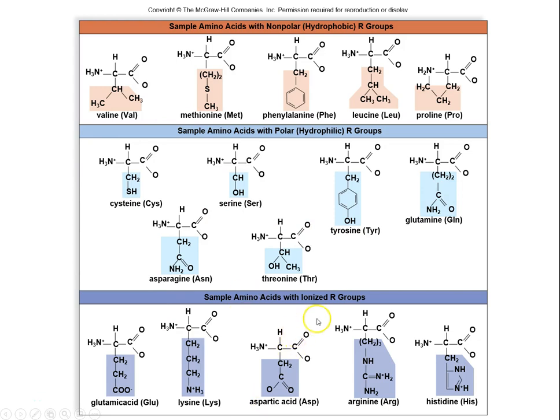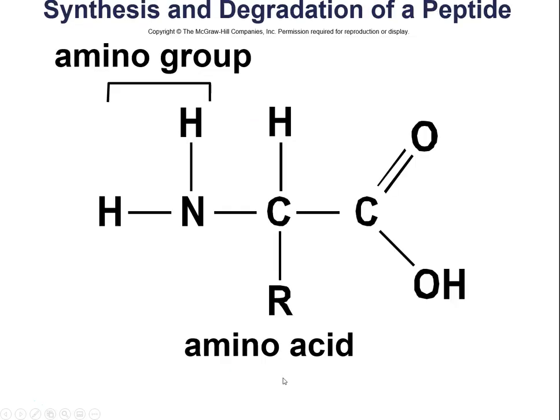Ionized, think of ones that have acid in their name: glutamic acid, aspartic acid, lysine, arginine, histidine. These are all examples of ones with ionized R groups. You can see here, these are ionized. See this negative charge here. Anyway, just one example from each.